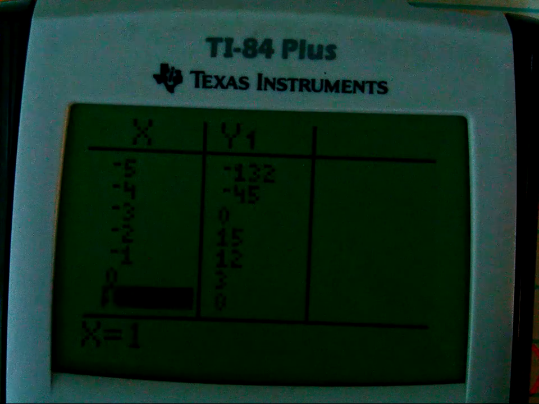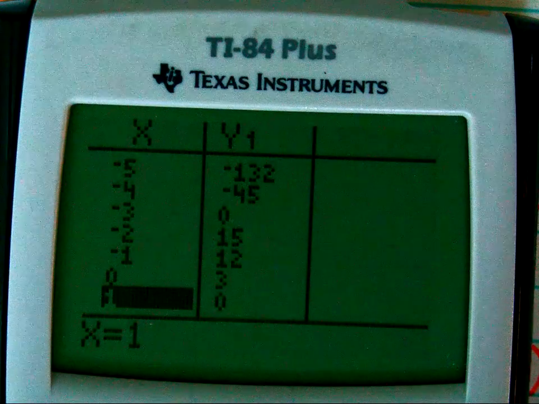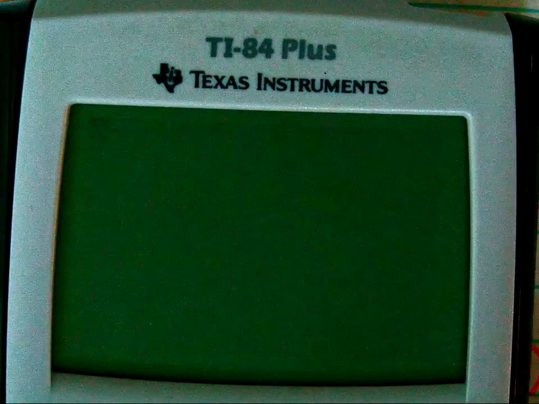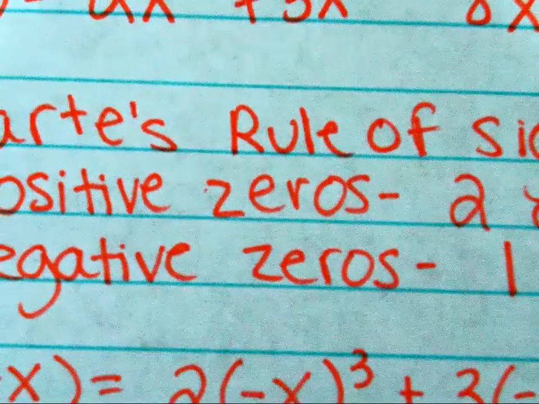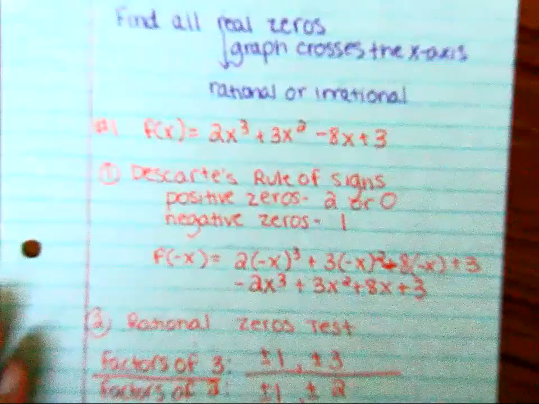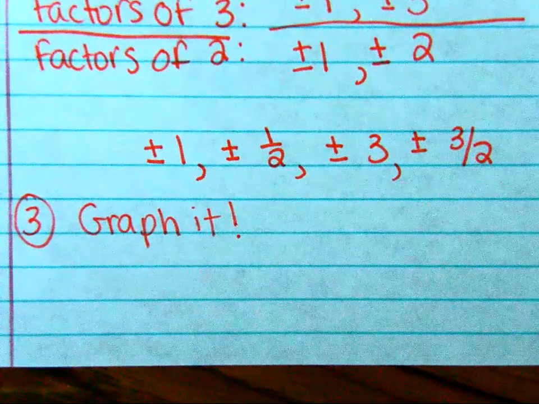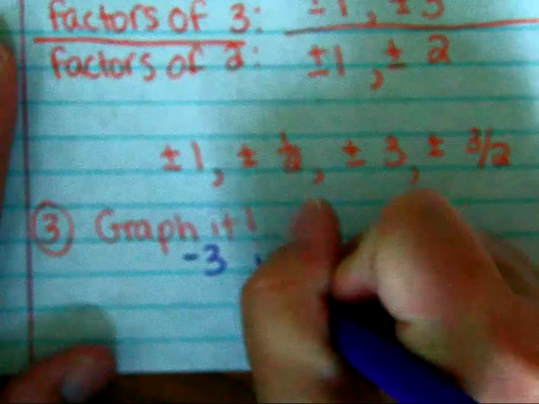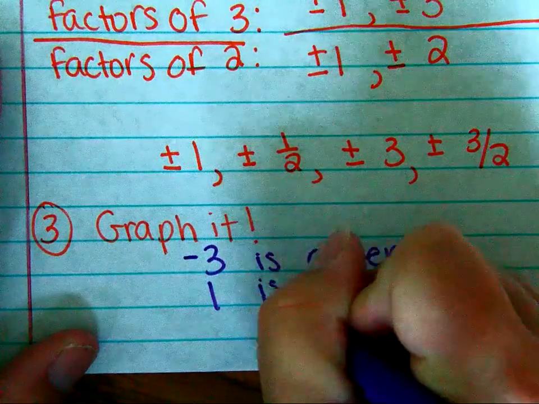So negative 3 and 1 are my solutions from my calculator. So down here, where we said graph it, we're going to say negative 3 is a 0, 1 is a 0.